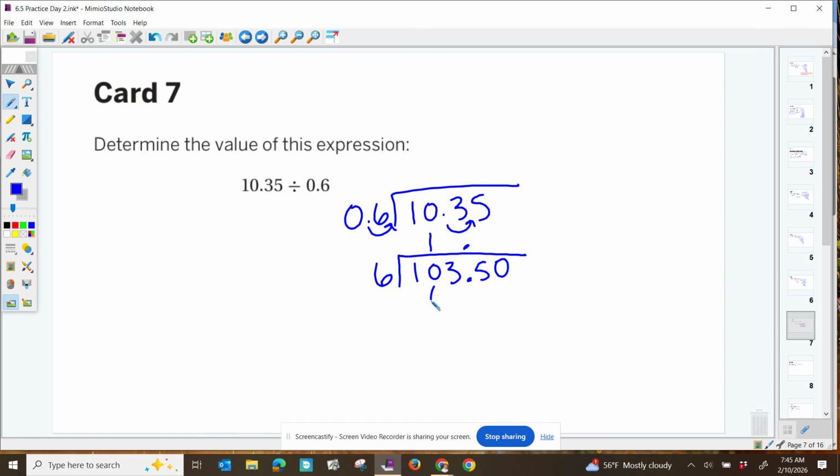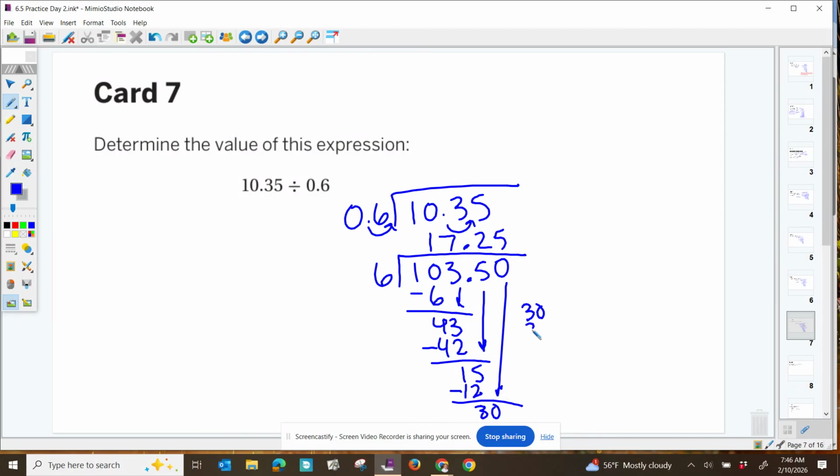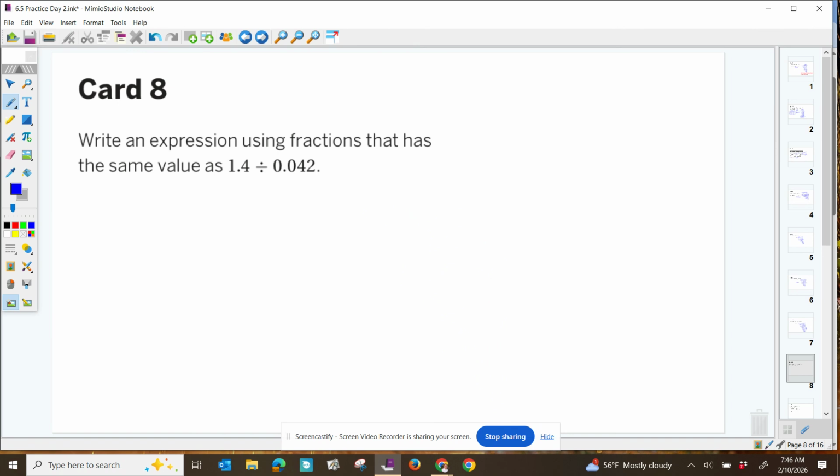Goes in there 1 time. 42 would be 7. 15 would be 2. I'm going to bring down that 0 to make it 30, and then that's 5. $17.25.